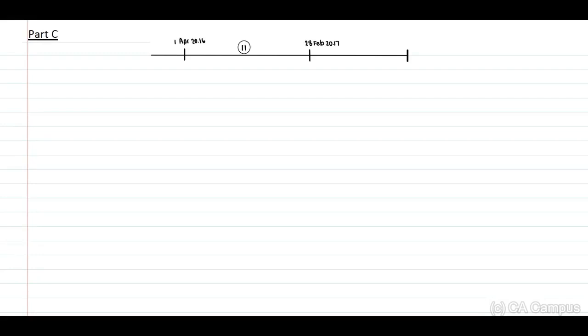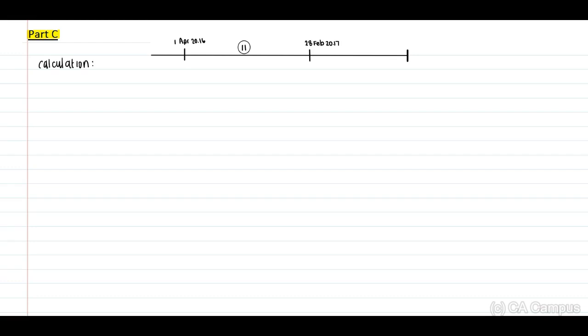On a new page, indicate to your marker that this will be your part C, and with this one, I am going to start off with my calculation. Reason being is that at this point in time, I'm not able to include a template in terms of my disclosure, as I need to ensure that I understand exactly what happened and what should have happened. Okay, now this is my timeline.